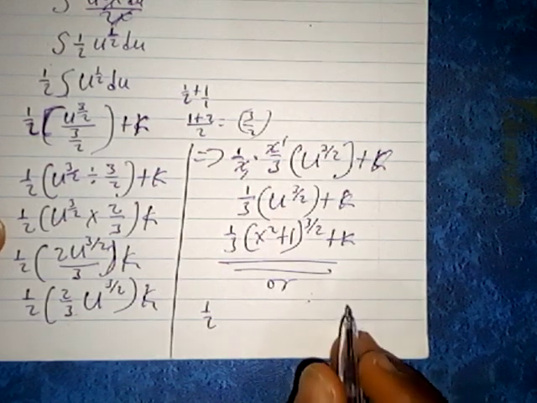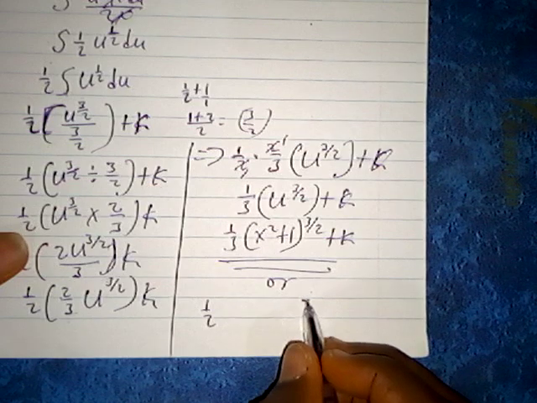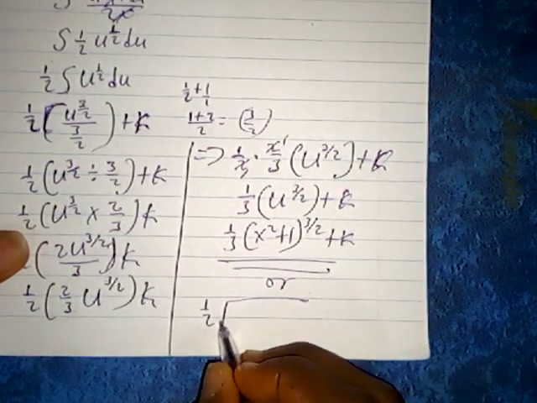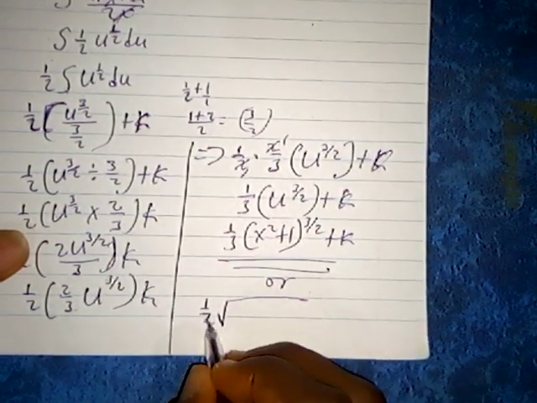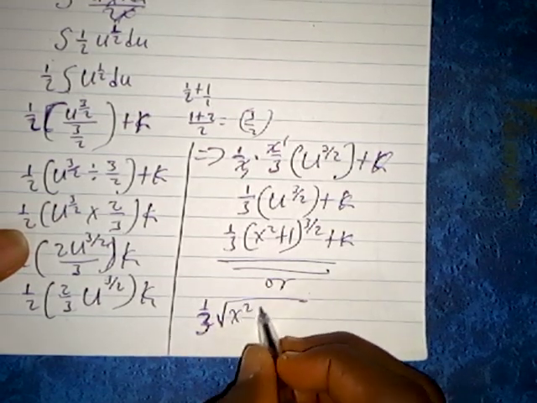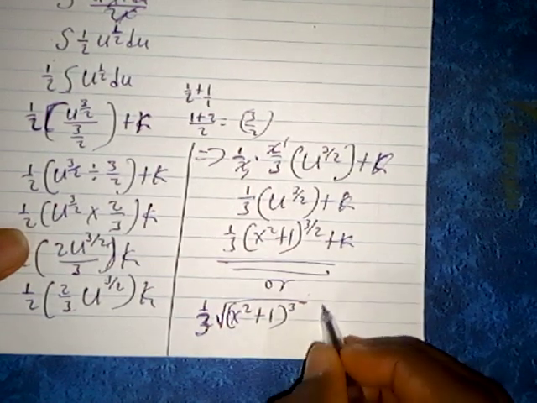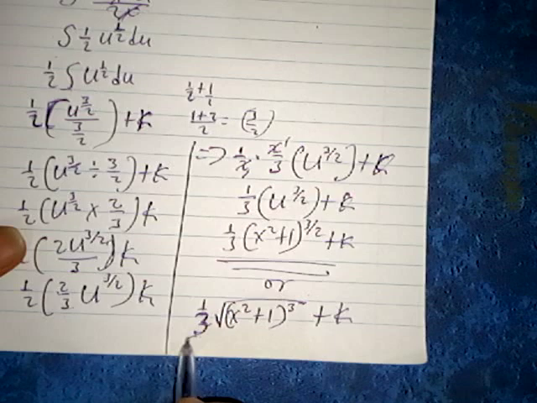If you don't know how to remove the fraction power, go and look at my video on indices. So we say 1 upon 3, the square root of x squared plus 1, all cubed, plus k. This is the answer.